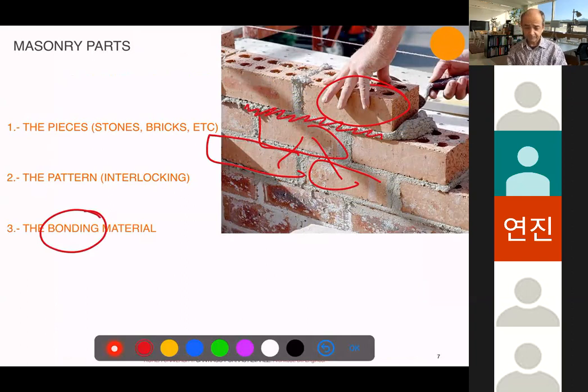And you see, the key of masonry is what you can do with your hands. Bricks usually one hand, stones with two hands. Actually, in Spanish, which is my mother language, we call masonry mampostería, which means put in by hand, literally. Hand put construction.